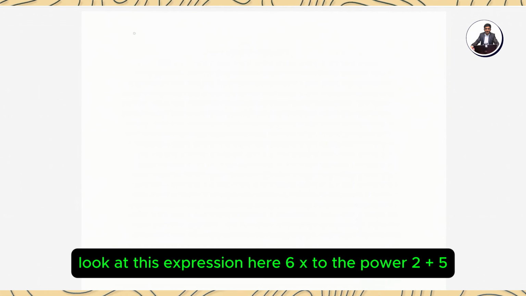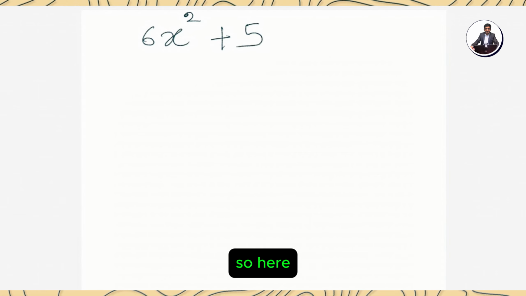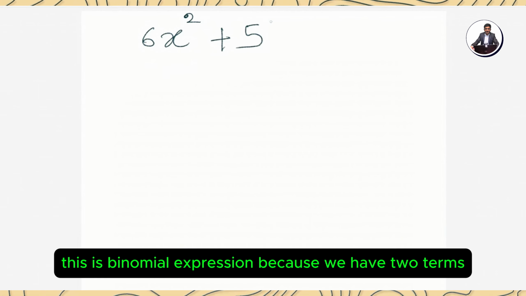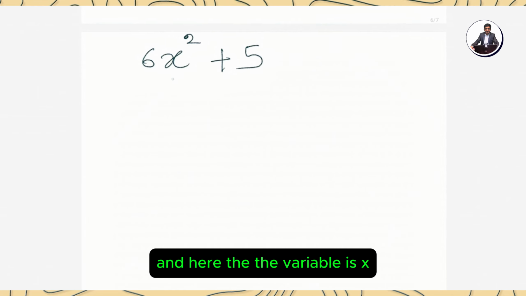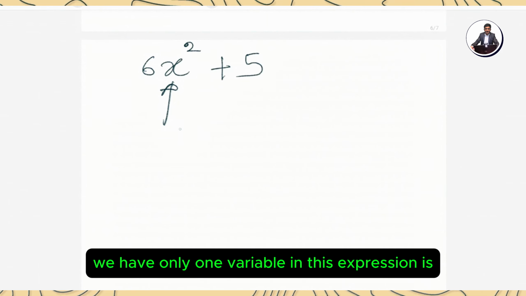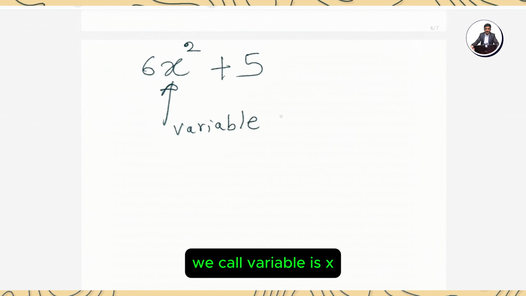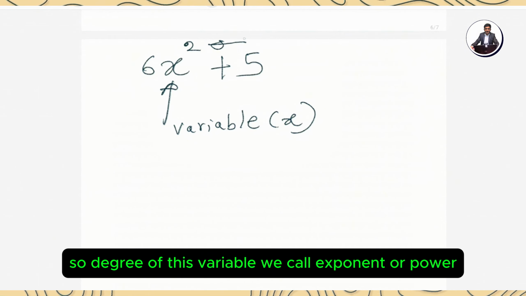Good. Look at this expression here. 6x to the power 2 plus 5. This is a binomial expression because we have two terms. And here, the variable is x. We have only one variable in this expression. The degree of this variable, we call exponent or power.